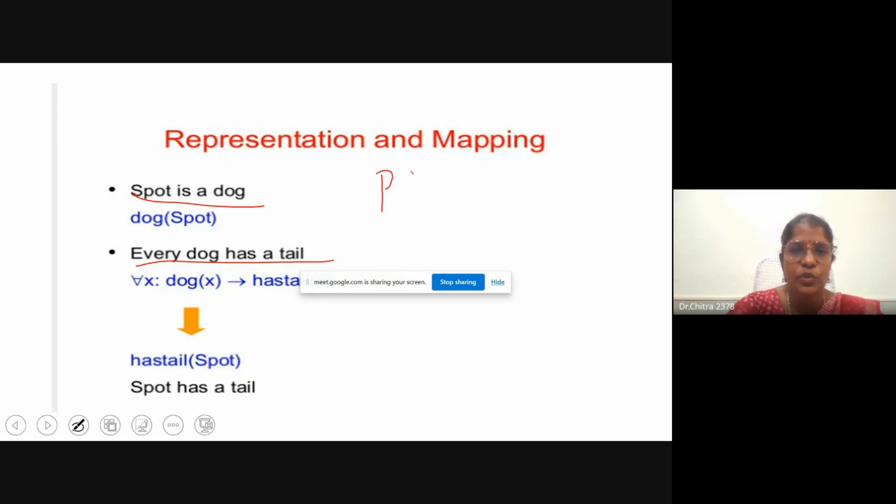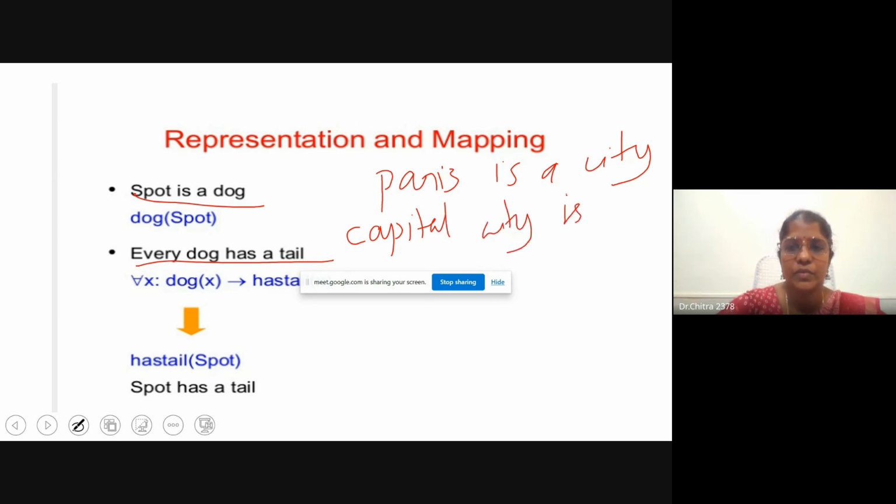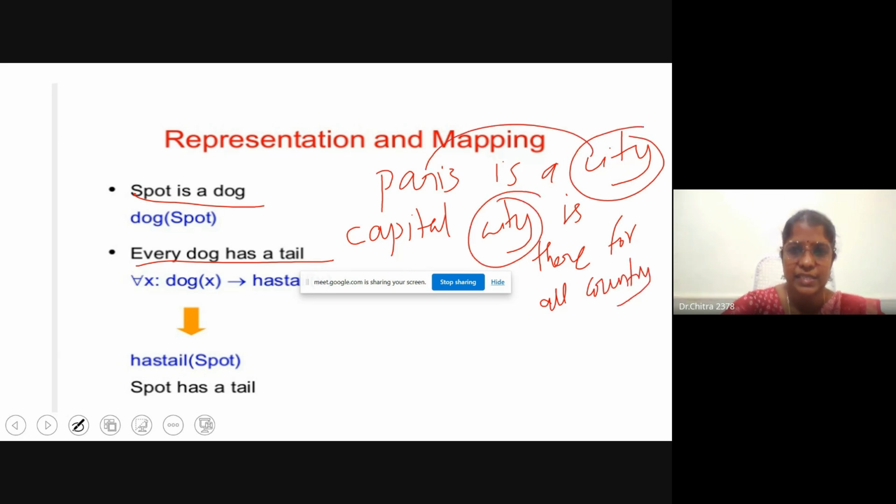Paris, I'll give one more example. Paris is a city. Then capital city is there for all countries. So Paris is the city.